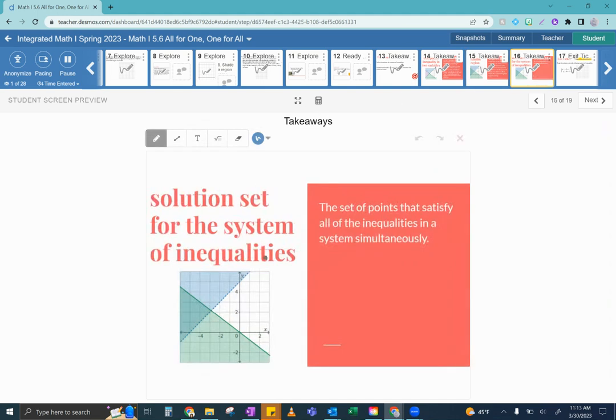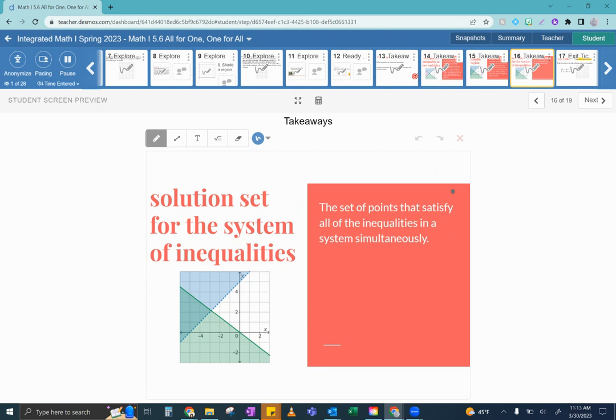The solution set for the system of inequalities is all of the points that satisfy all the inequalities in a system simultaneously, or all together. Remember, we keep using this word: they have to satisfy all those conditions. Okay, so this makes sense to you. Don't be like, oh my gosh, Miss Johnson, this is so hard.